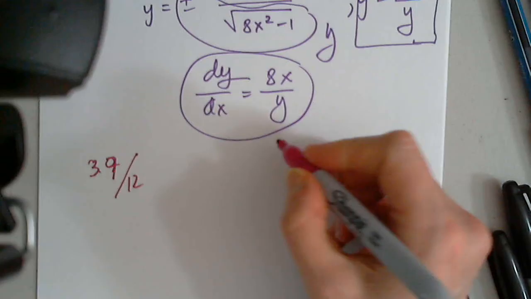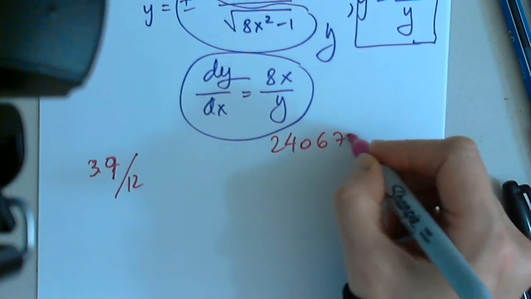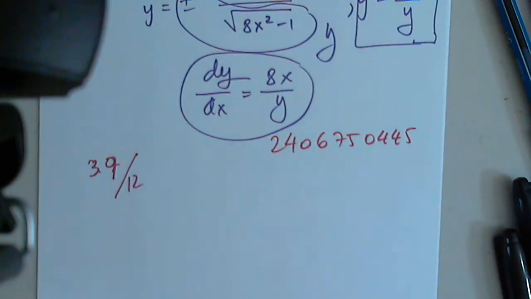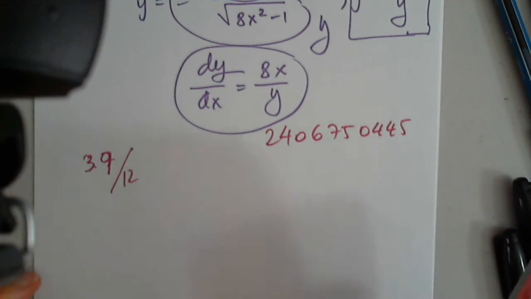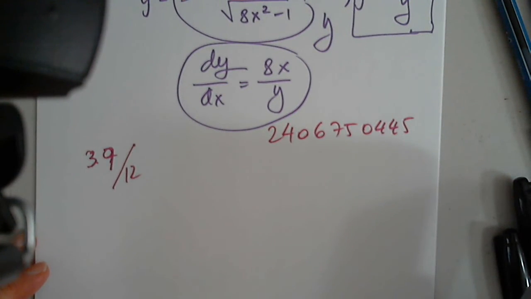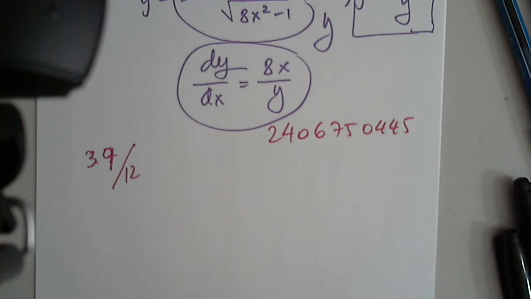Okay. So it's 240-675-0445. If you want to take a picture, my phone is right here and I can take a look. I can send it to the Zoom chat. Oh, okay, fine. Zoom chat is fine. That's even better.